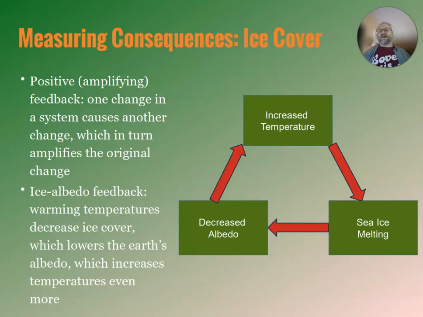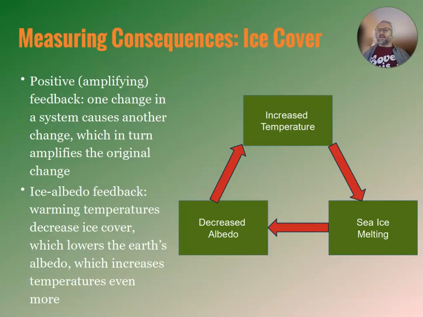Bright white ice that was reflecting away large proportions of the sun's energy, like 80% of incoming solar radiation gets reflected away by clean ice and snow. If you're replacing that with ocean water, which is very dark in color, it's going to have a very low albedo, right? It's going to only reflect away 10 or 20% of that incoming solar radiation.